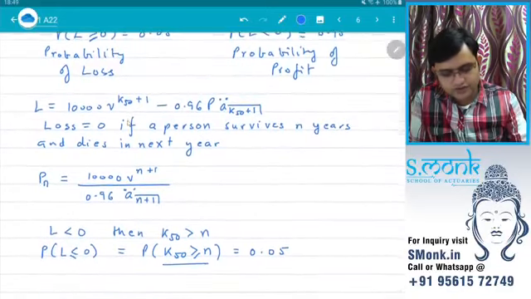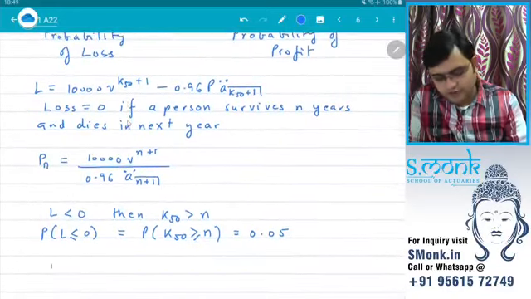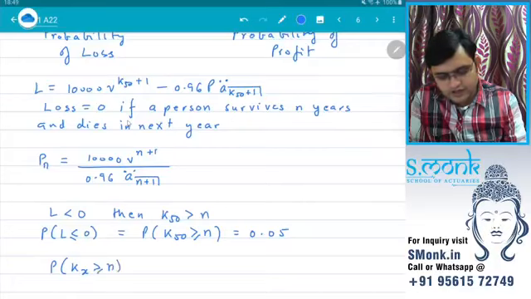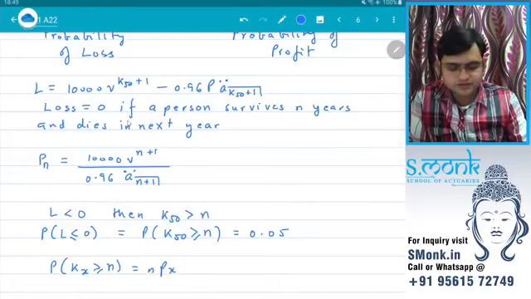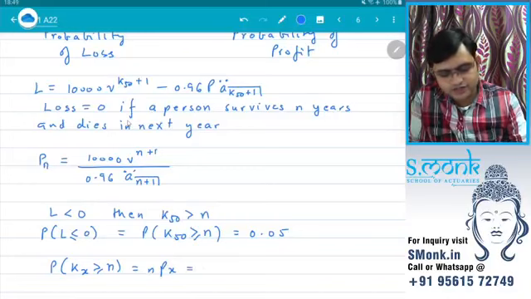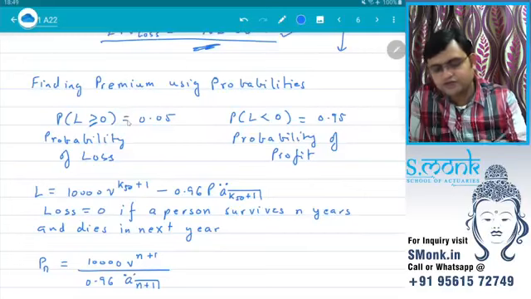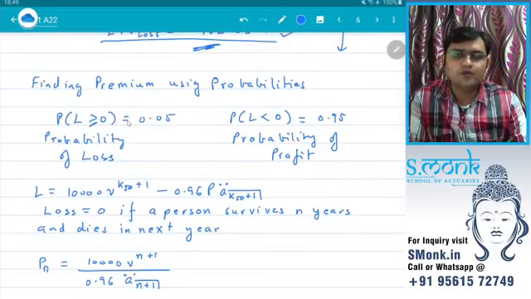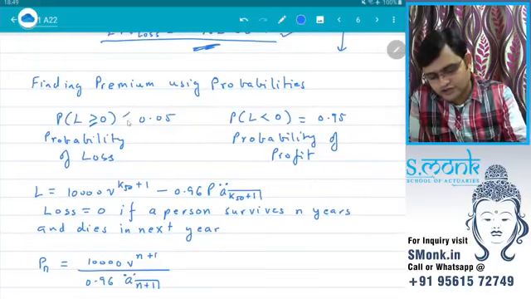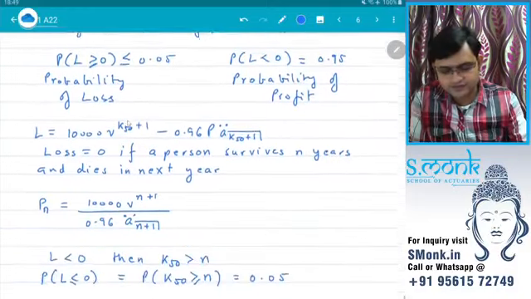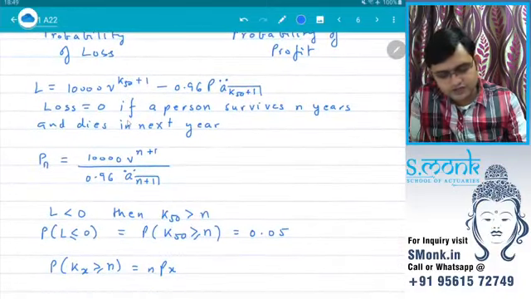So we would want this. The probability K50 greater or equal to n is nothing but npx. So we want npx to be, what did we say at the beginning? We took it as equal to, but we do not want it to be more than 5%. So we are looking for npx to be less than or equal to 5%.